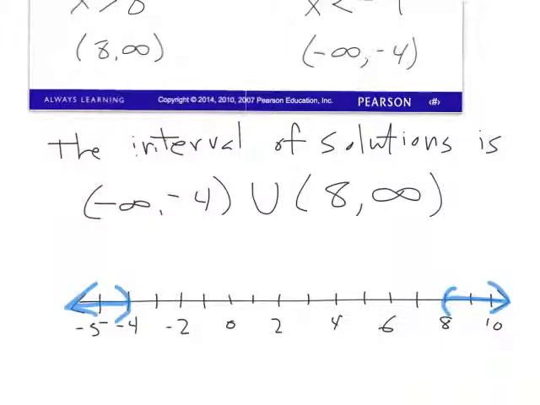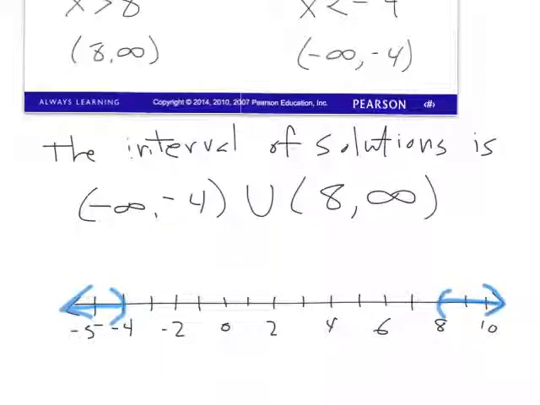The interval negative infinity to negative 4 union 8 to infinity, and this is what the graph looks like.